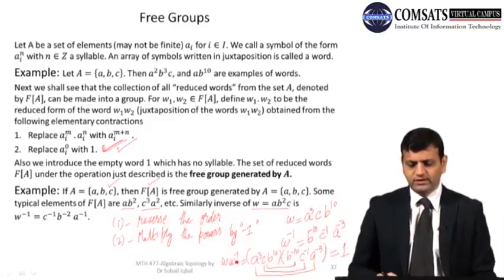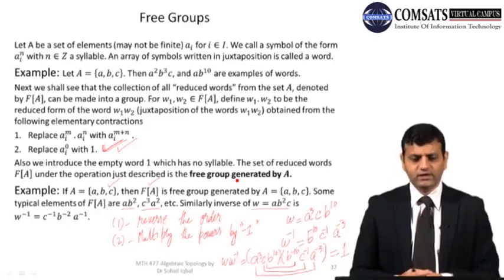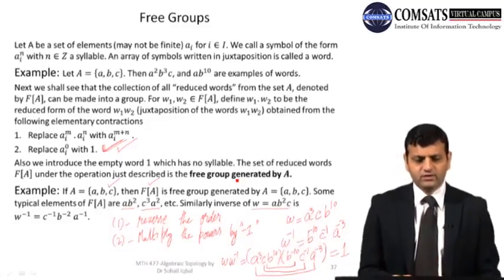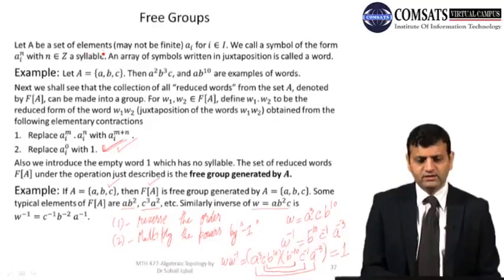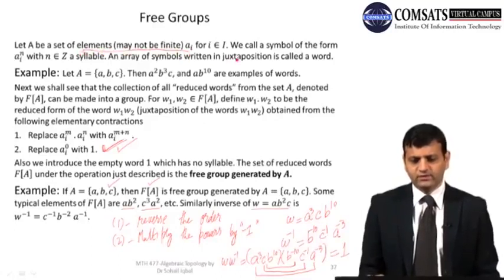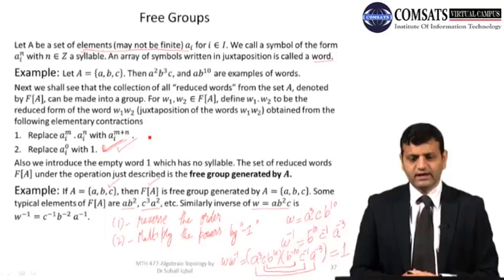Similarly, we can also show that w inverse times w is the identity. So basically we have seen that if I have a collection of alphabets or a collection of elements a_i, then I can define syllables and then words, and then I can define what reduced words are, and then I can take the collection of reduced words and define a binary operation on that set.